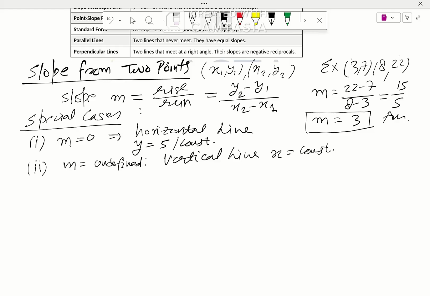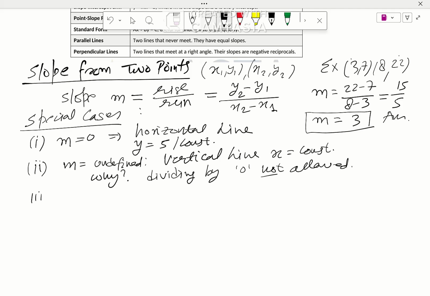Any line on which x is equal to a constant is a vertical line whose slope is not defined. Why? It's not defined because dividing by 0 is not allowed.